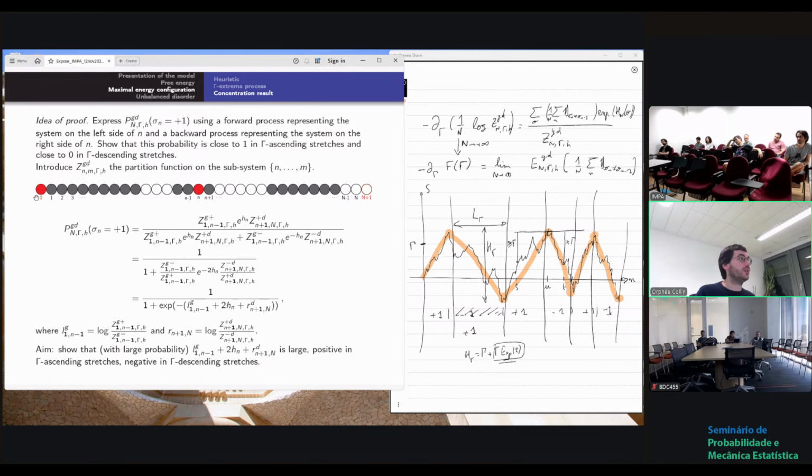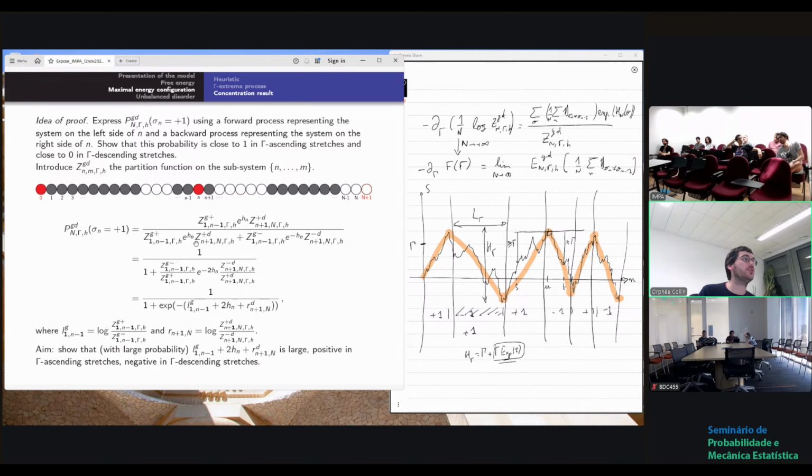So if you consider the system between 1 and capital N, and you consider what's going on at little n, in the numerator you should consider all the configurations which have sigma little n equal to +1. And in fact, this decomposes into two subsystems. So you get this product of partition functions. In the denominator, it's the same.